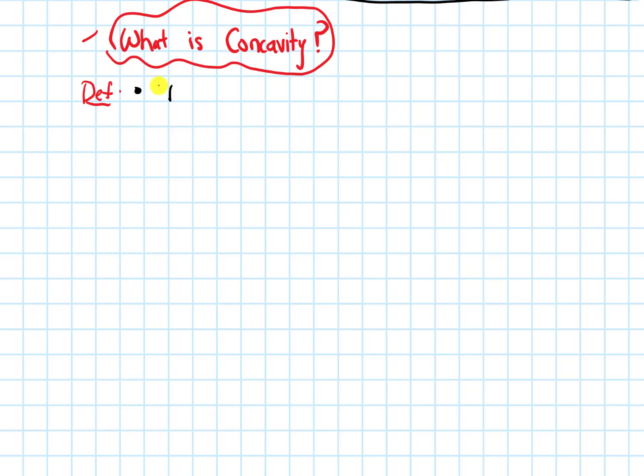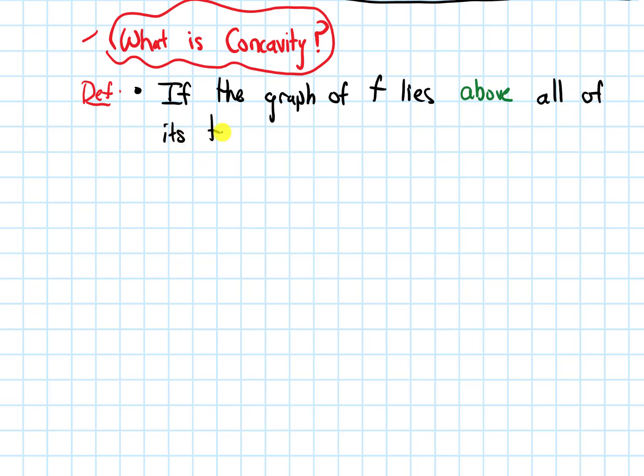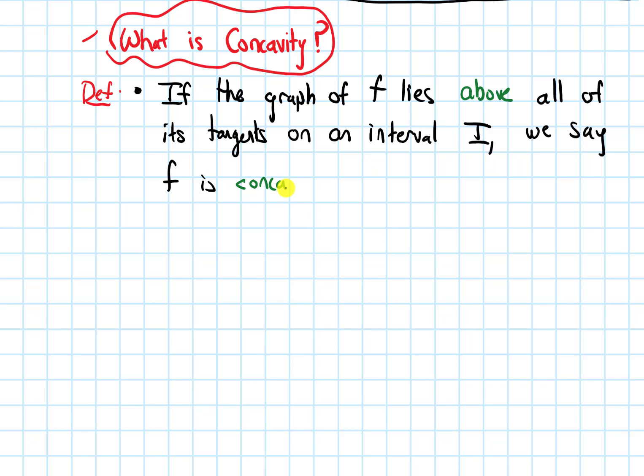The first part of it says, if the graph of our function f lies above all of its tangents, so what I mean by tangents is its tangent lines, all of its tangent lines on an interval I, we say that our function f is concave upward on that interval I.